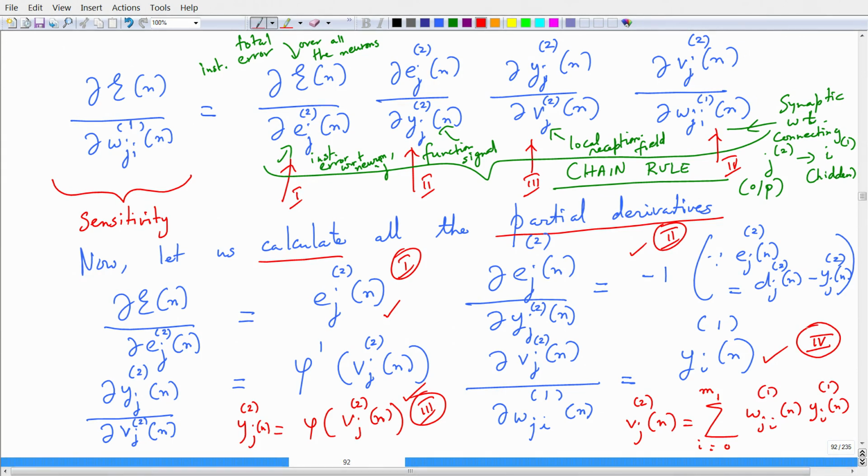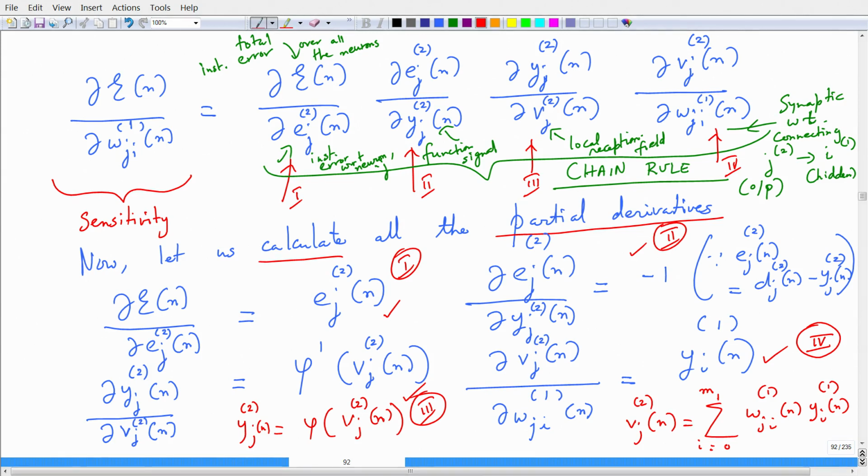We have all the 4 terms. The first term evaluates to Ej of n in layer 2, the second term happens to be minus 1, the third term happens to be the derivative of the activation function evaluated at Vj of n in layer 2, that is the local reception field at neuron j in the second layer, and the last term is basically the function signal at node i in the hidden layer.